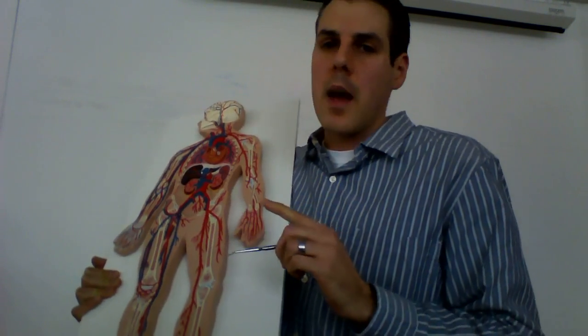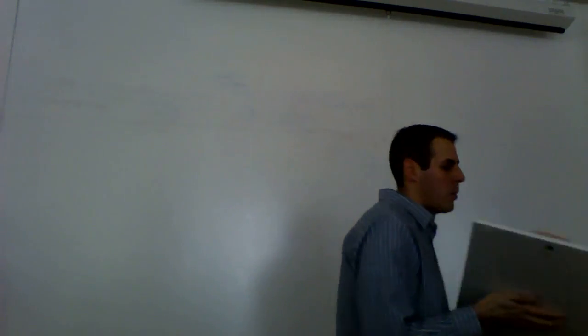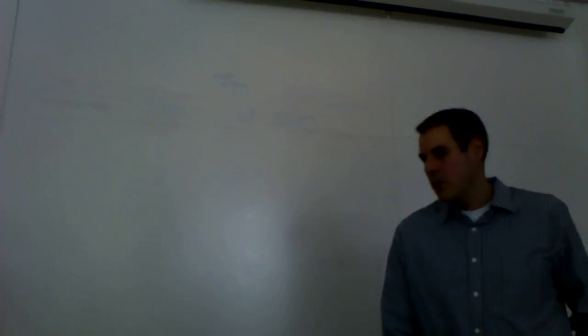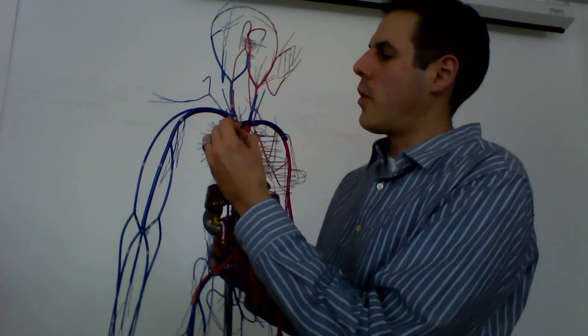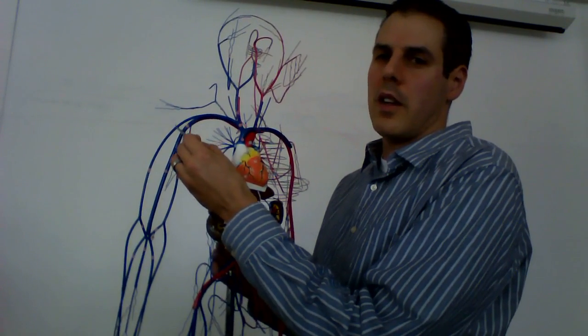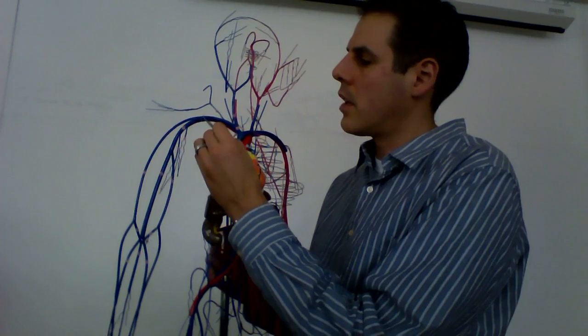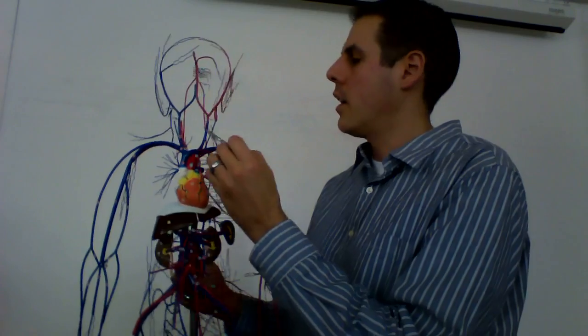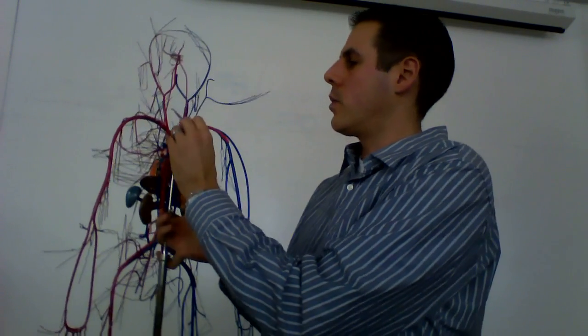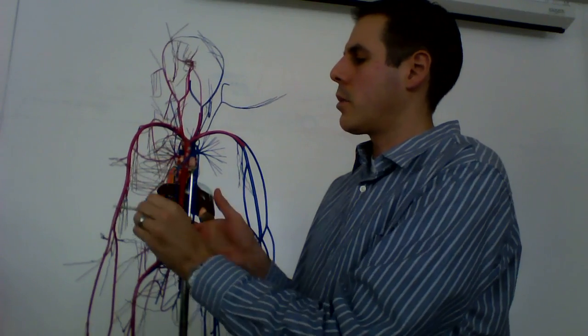Same thing happens with the arm, where there's really no good marker for your subclavian to axillary to brachial, for the vein, or even here it's even worse: subclavian, axillary, brachial.